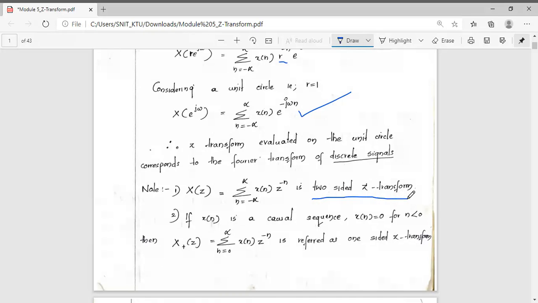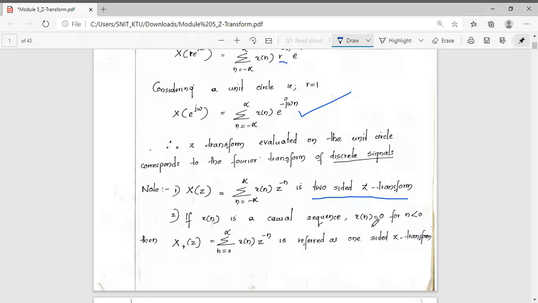Whereas in the case of a causal sequence, what is the speciality of a causal sequence? That x of n will be 0 for n less than 0. So causal means a right-sided sequence, that is, it exists only for the positive values of n.